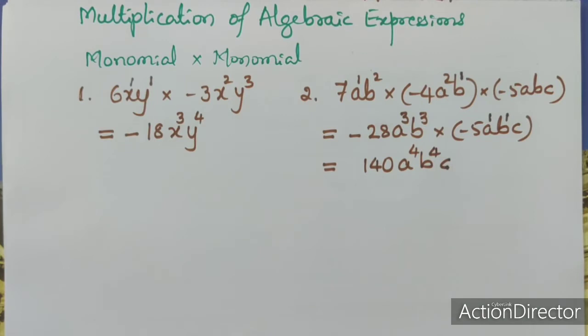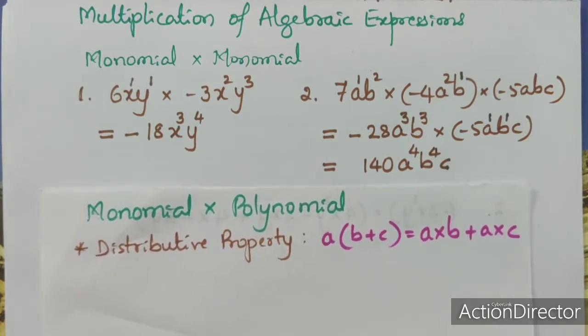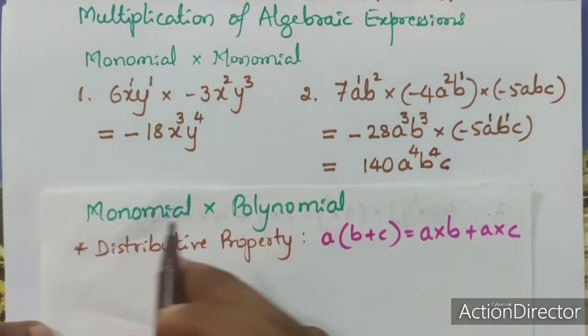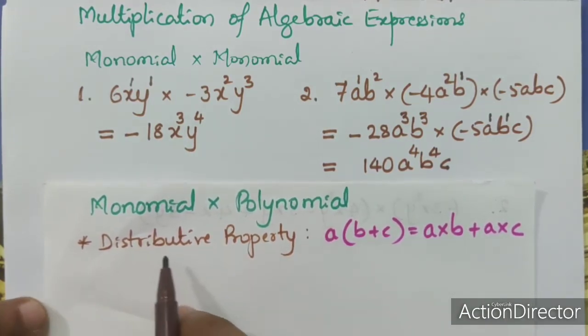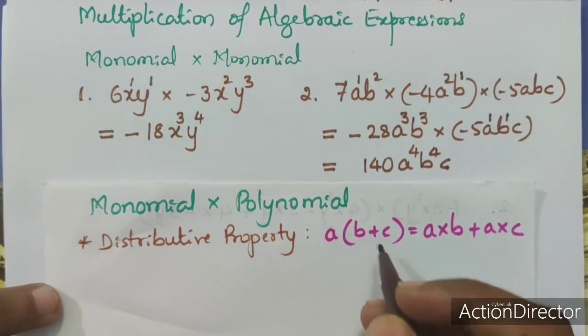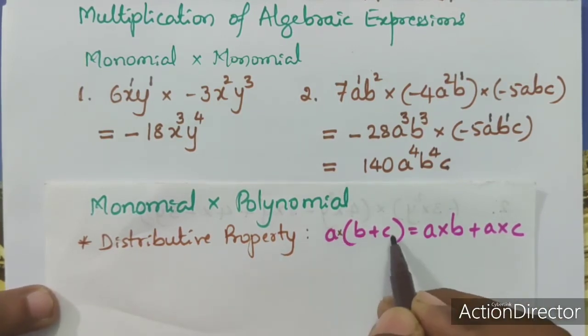Sometimes you may get multiplication of monomial into binomial, or monomial into trinomial. You may get one term into 2, one into 3, one into 4, that way. To do multiplications of that kind, we will have to use the distributive property you have studied in the lower classes, like a into b plus c.